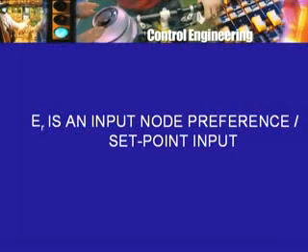Now ER appears as an input node to my signal flow graph, and as we saw earlier it is called the reference input. It is not really an input to the system, but it is what you may call a set point input. That is, if I want the drive to run at some speed other than the one for which I had designed it, then I will have to change ER.